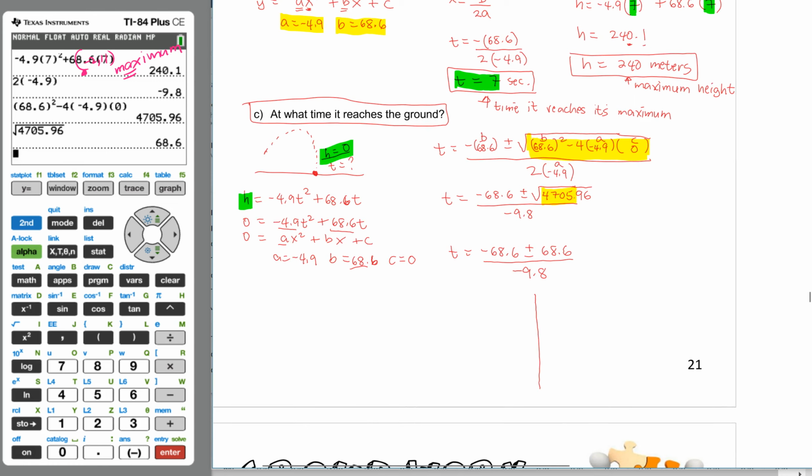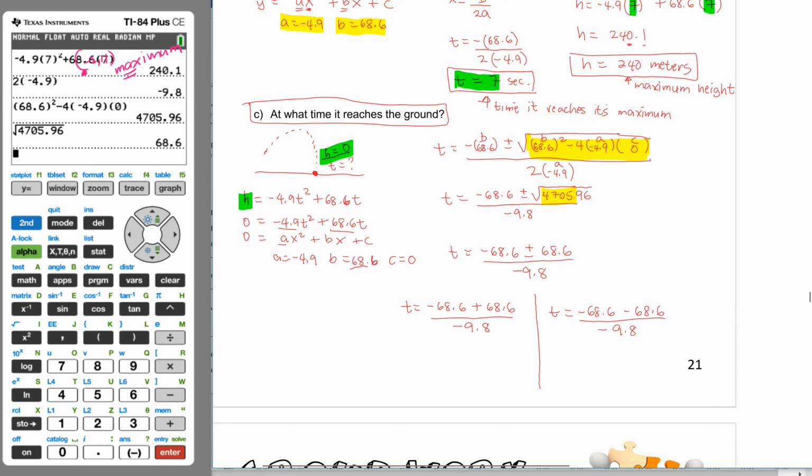The first one, t equals negative 68.6 plus 68.6 divided by negative 9.8. The other one would be negative 68.6 minus 68.6 divided by negative 9.8.